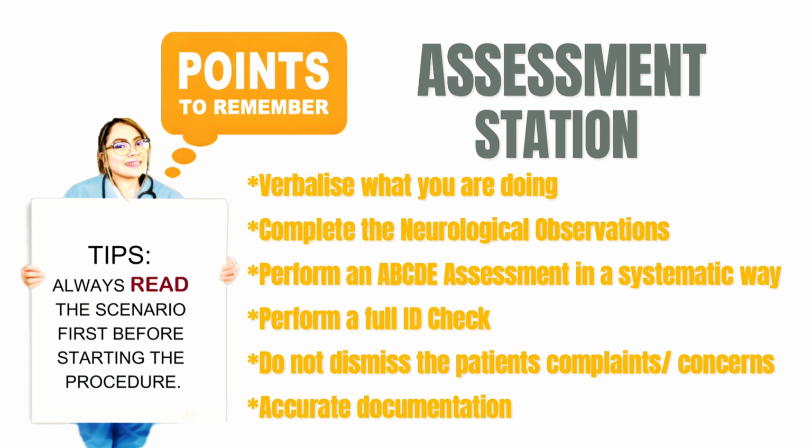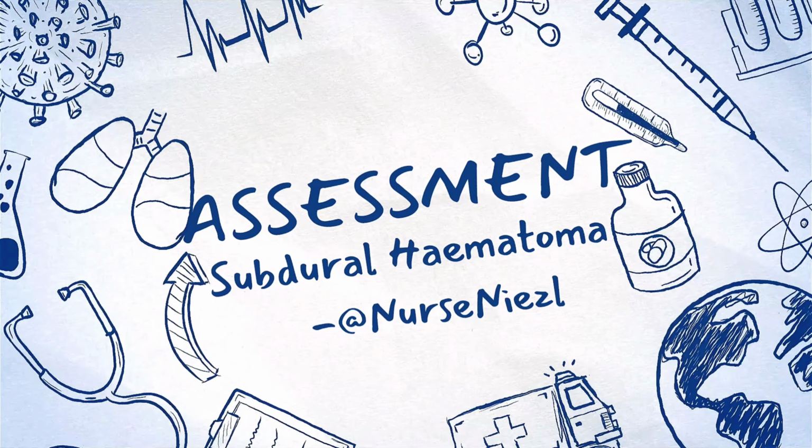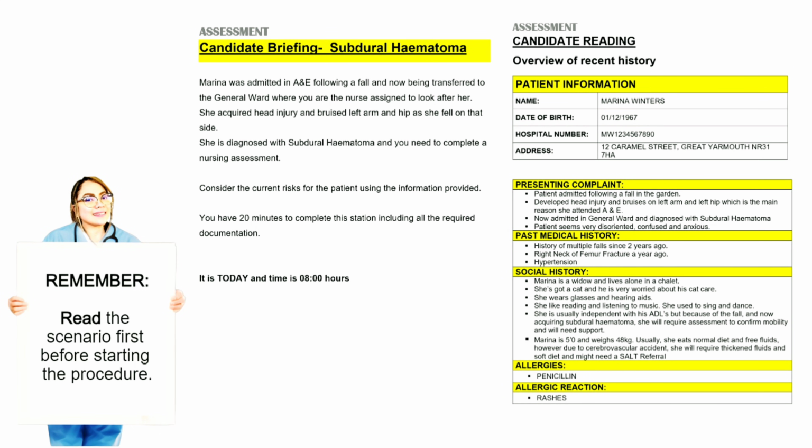Perform a full ID check and do not dismiss the patient's complaints or concerns. Overall, you need to make sure that you have a complete and accurate documentation. Before starting the procedure, candidates always remember to read the scenario carefully.